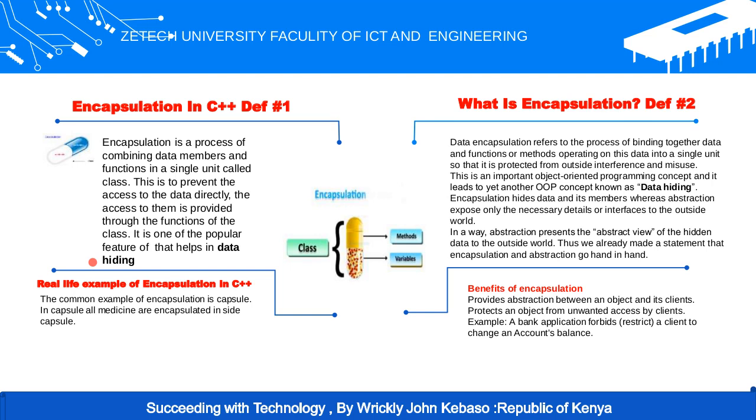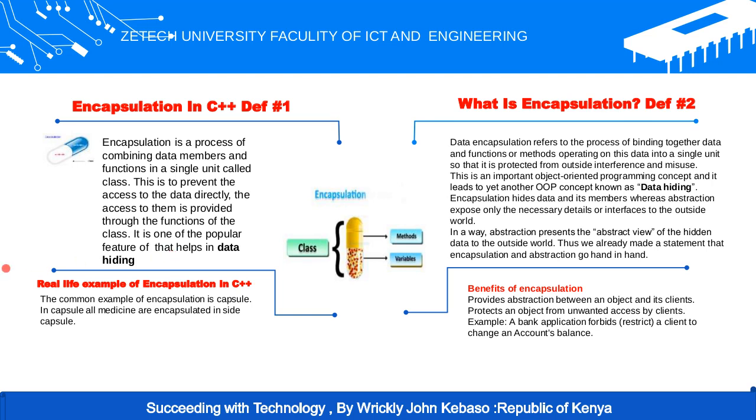The access to them is provided through the functions of the class. It is one of the popular features that helps data hiding. This is a first definition, and you can simply sum it up and say that putting data members and functions in a class is what we refer to as encapsulation.